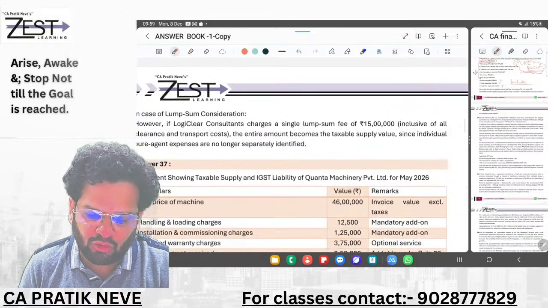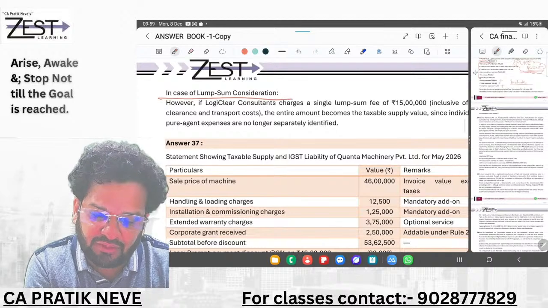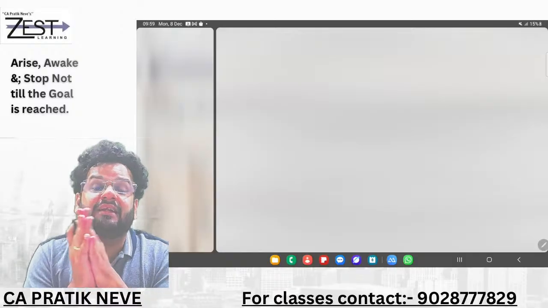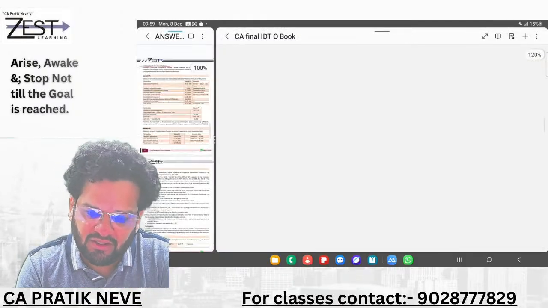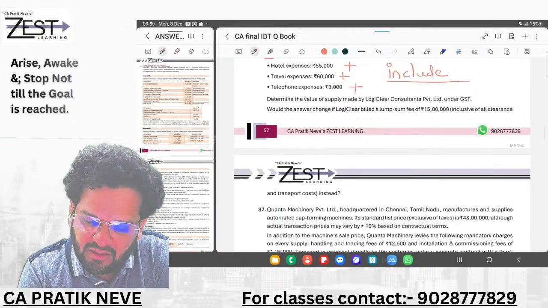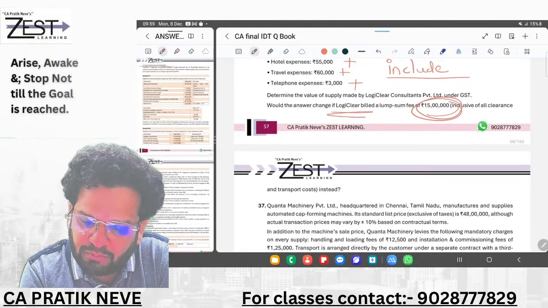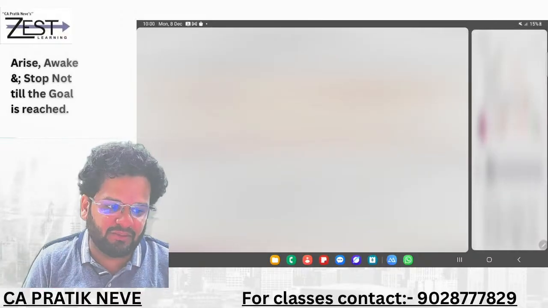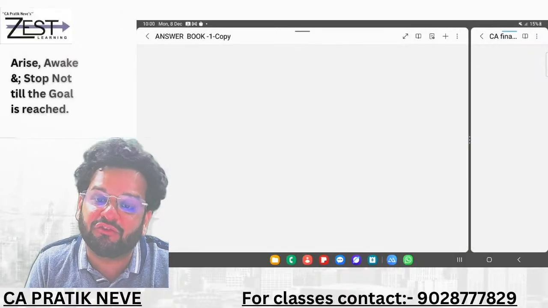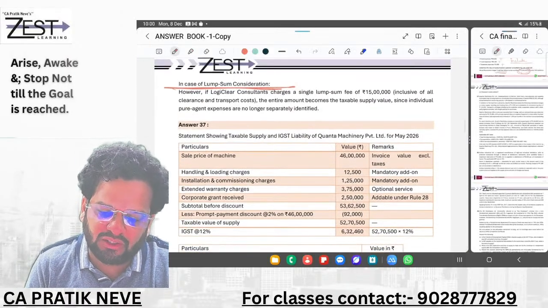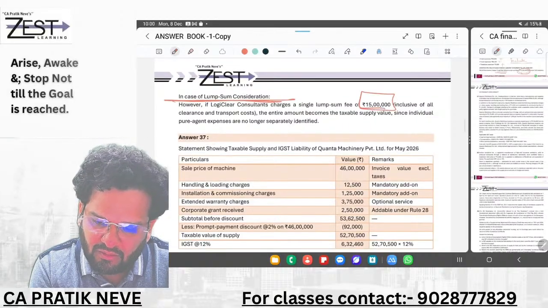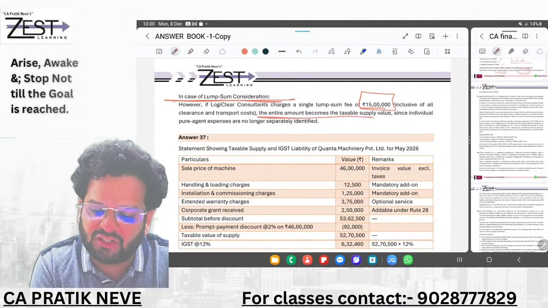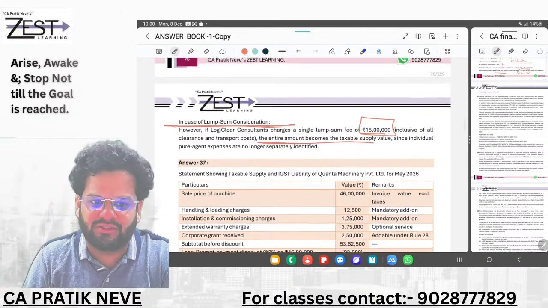And one more thing I want to tell you, if that supplier charges lump sum 15 lakh rupees, means he doesn't show the amount separately, then friends, you cannot exclude anything. Then assessable value will be rupees 15 lakhs. So to exclude the things, I should show separately in the invoice.